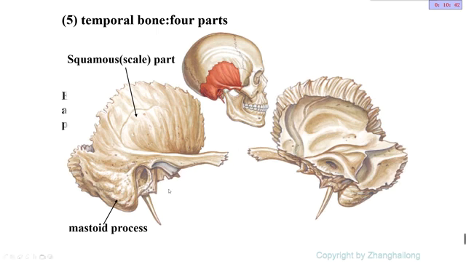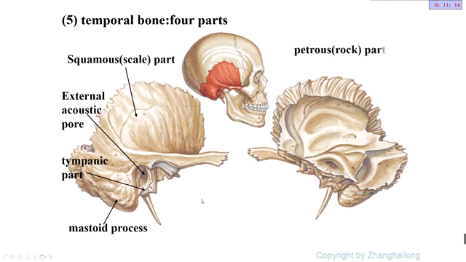Okay. And in front of it there is a pore. This pore is the pore of our ear. The anatomical name is the external acoustic pore. In it is the external acoustic meatus, which communicates with the middle ear. And around it, this bone is the tympanic part, which forms the external acoustic pore. This one is the medial surface, in the middle.